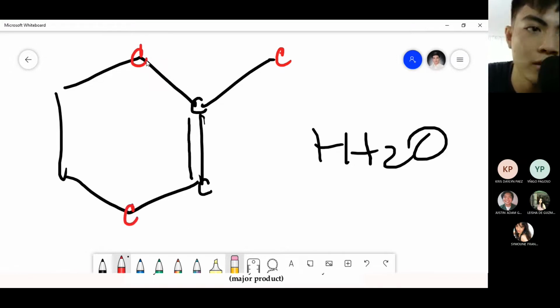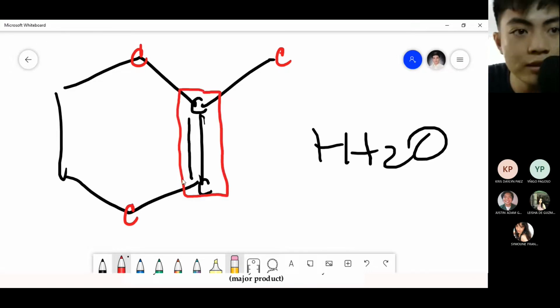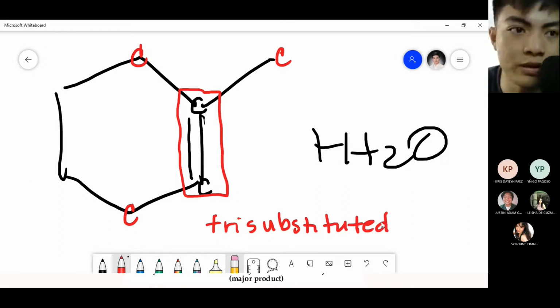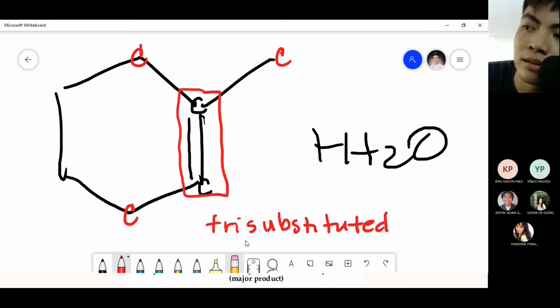So, may tatlong carbon connected to the alkene. So, tawag dyan, tri-substituted. Okay? So, ganun yung tawag namin dyan. Okay? So, bilangin mo lang, ilang carbon yung nakadugtong sa alkene. Isa dito, isa doon, isa doon. So, tatlo. So, tri-substituted.